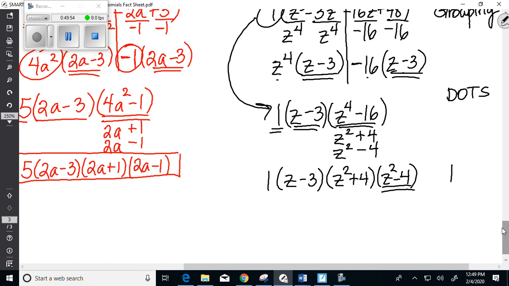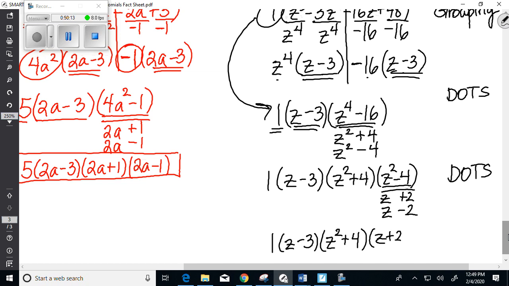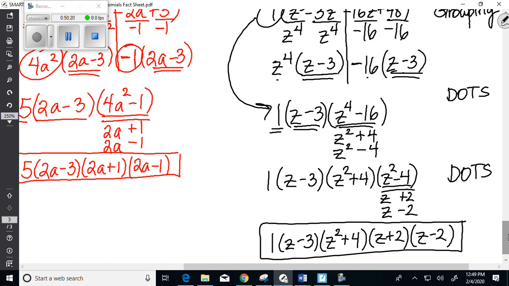So we'll do difference of 2 squares again. z and z, plus 2 and minus 2. So 1, z minus 3, z squared plus 4, z plus 2, and z minus 2. That's all of your factors for that problem.